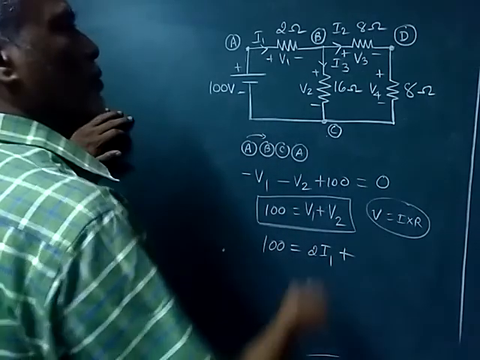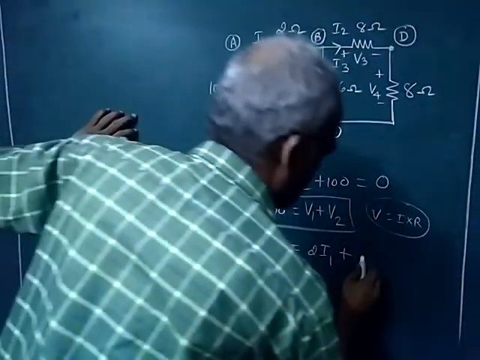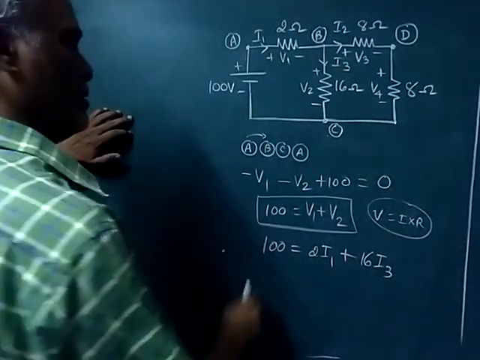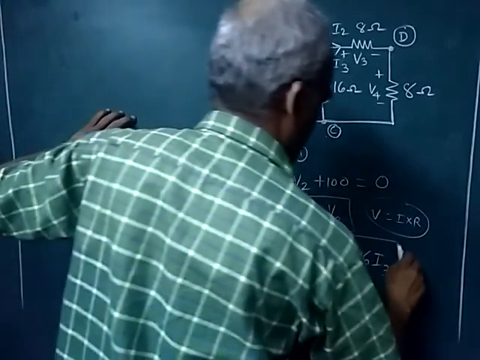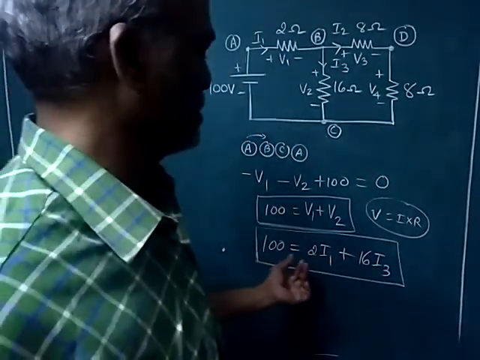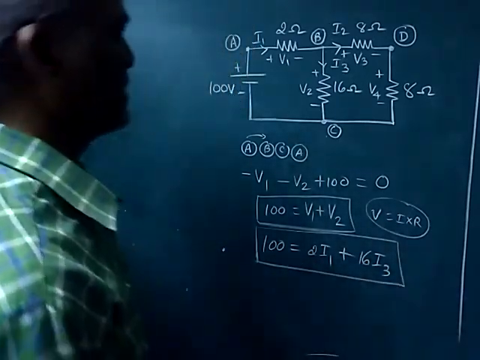Plus what is V2? Current flowing through the 16 ohm is I3, so 16I3. Now we have written the equation we want, that is 100 is equal to 2I1 plus 16I3. So this is the first equation.